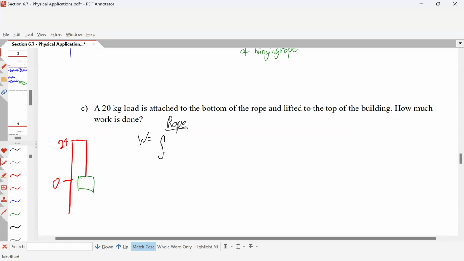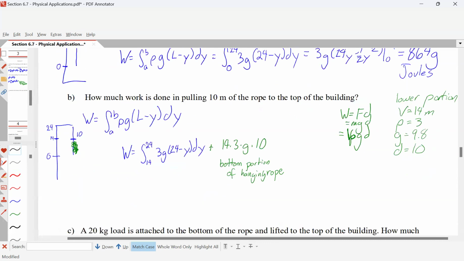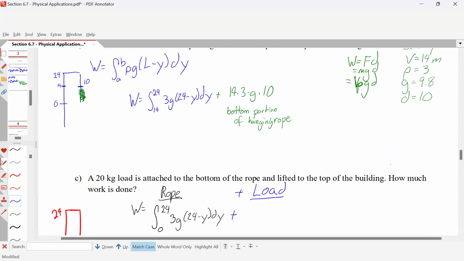The work for just the rope is the integral from 0 to 24 of 3 times g times 24 minus y dy. However, we also have this load, and it takes work to move the load. So plus some amount of work to move the load.